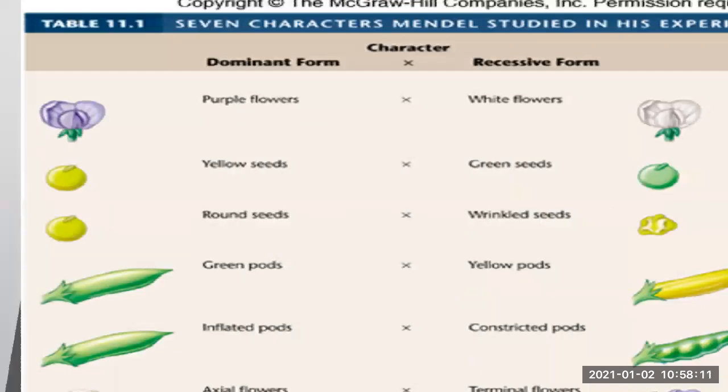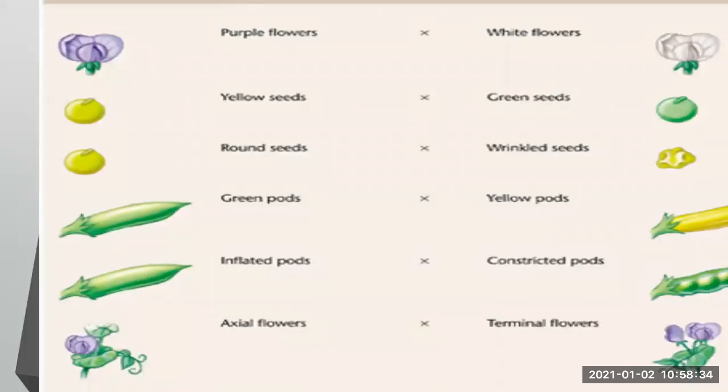Here you can see dominant and recessive characters. When you take the color of the flower, purple color is a dominant character while white color is a recessive character. Yellow seed is a dominant character, green seeds are recessive characters. Round seed and wrinkled seed: round is dominant, wrinkled is recessive.